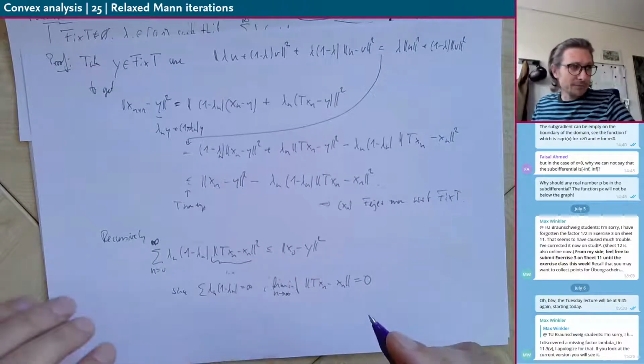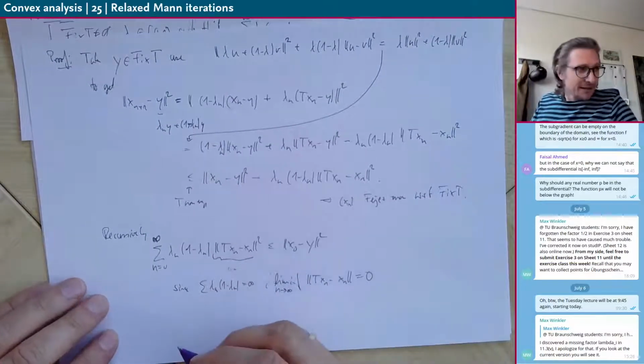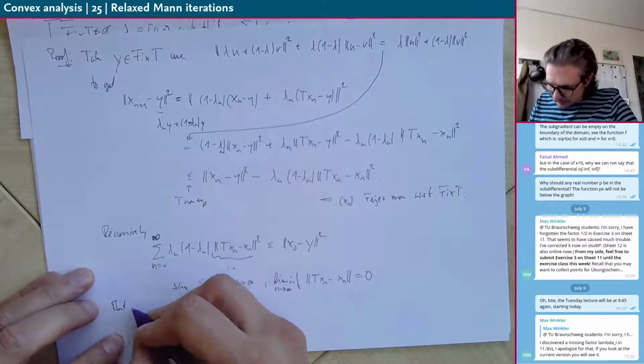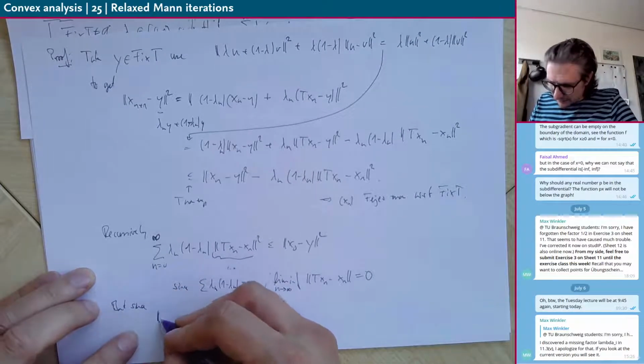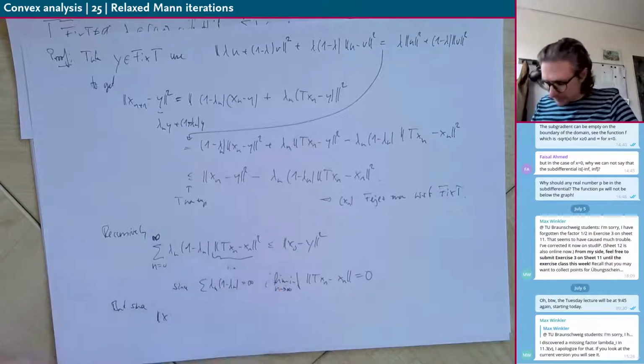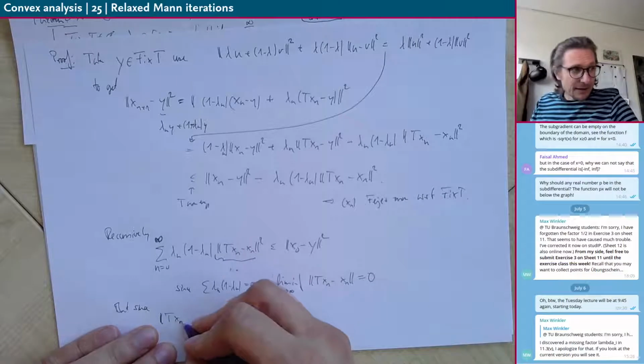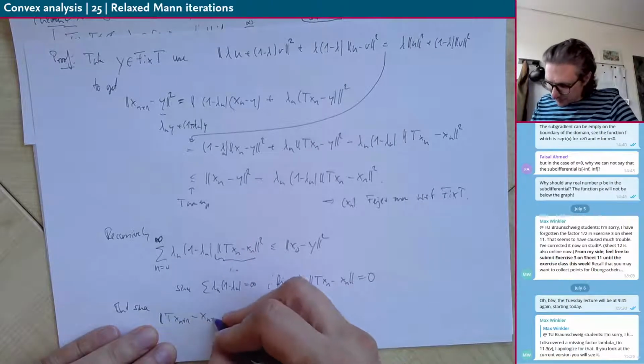But now we can show the following. What we do is take a look not at xn plus 1, but at Txn plus 1 minus xn plus 1.